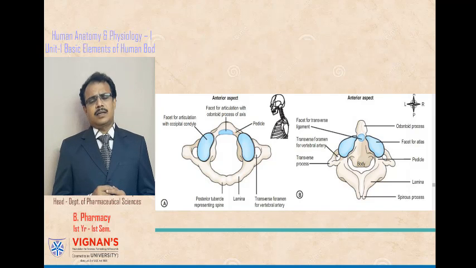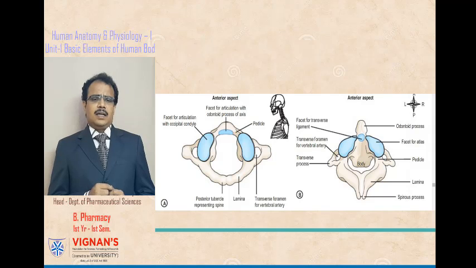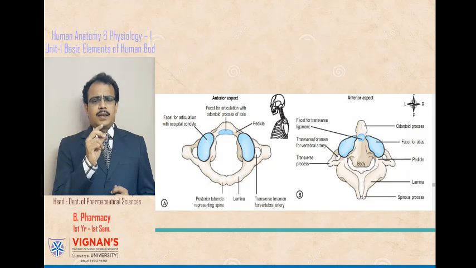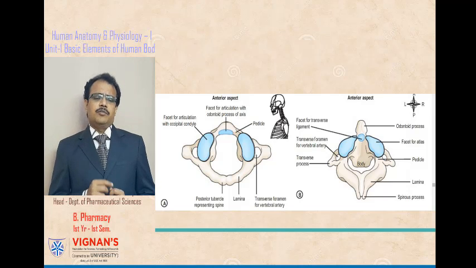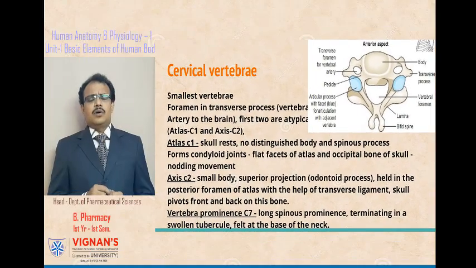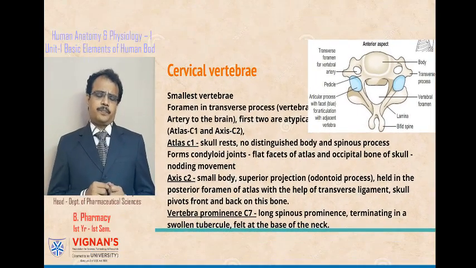The second cervical vertebrae is axis, and this axis is having a small body with some superior protrusion which is called as odontoid process.